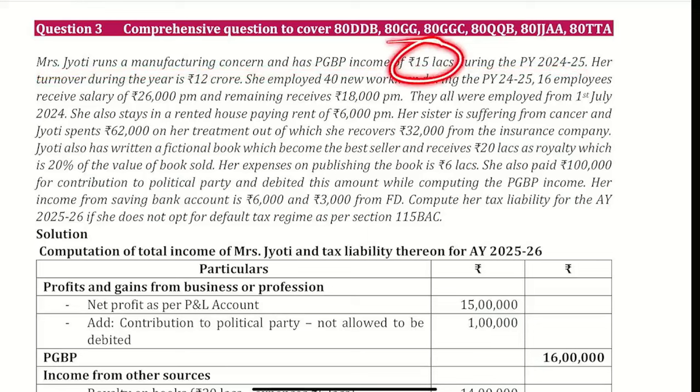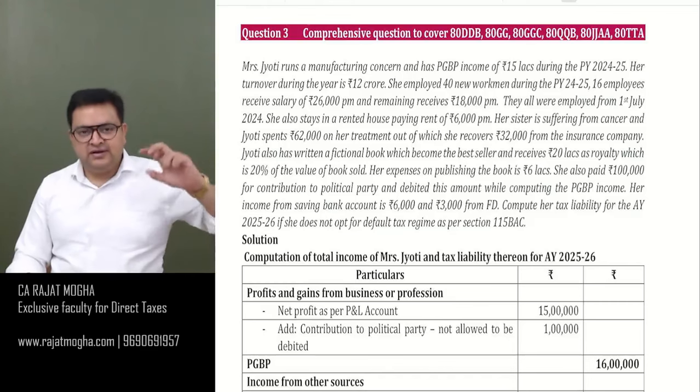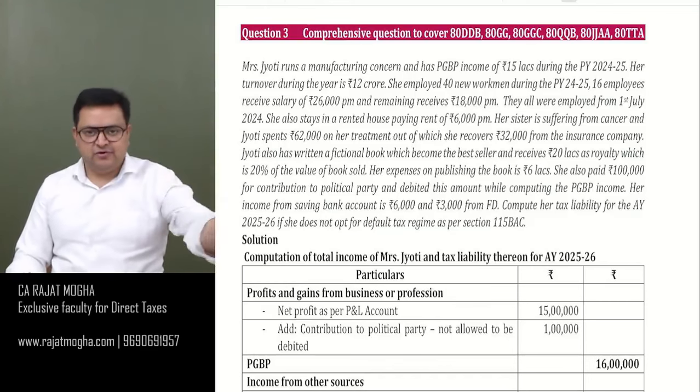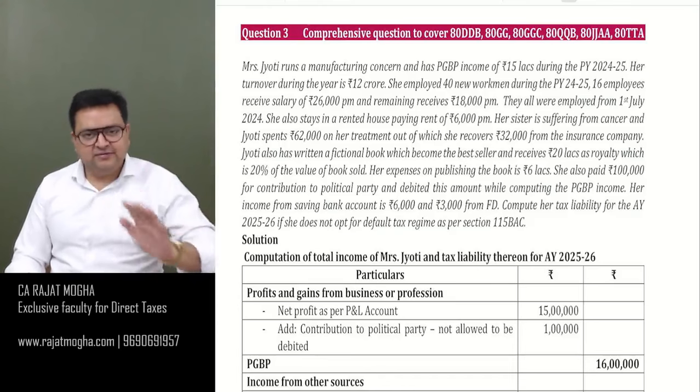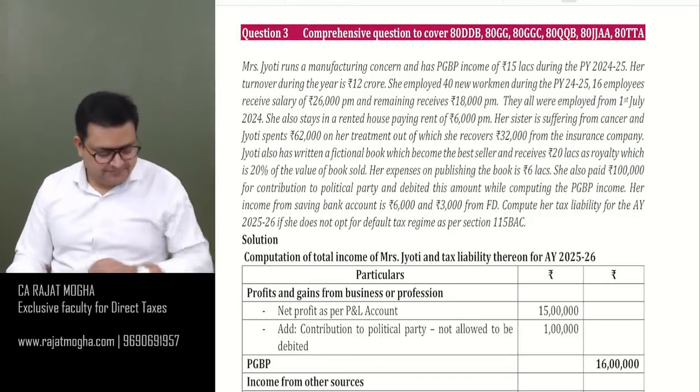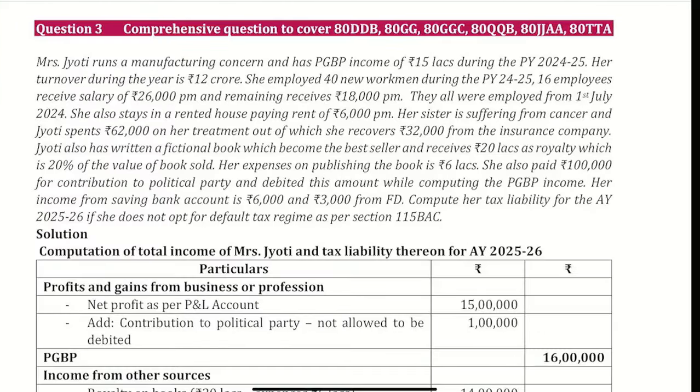Her turnover during the year is 12 crore. So her turnover is more than 1 crore, she is liable for audit, so she is eligible for 80JJAA. Then she employed 40 new workmen during the previous year 24-25. 16 employees receive a salary of 26,000 per month and the remaining receive 18,000 per month.